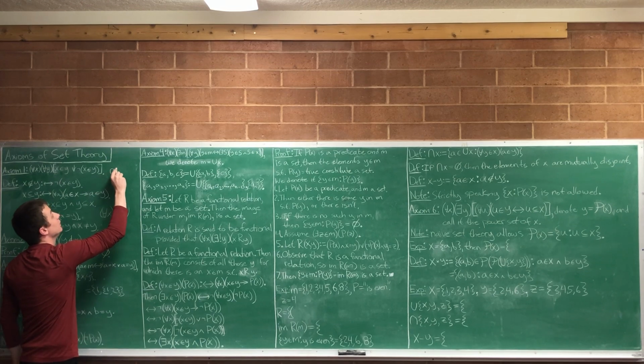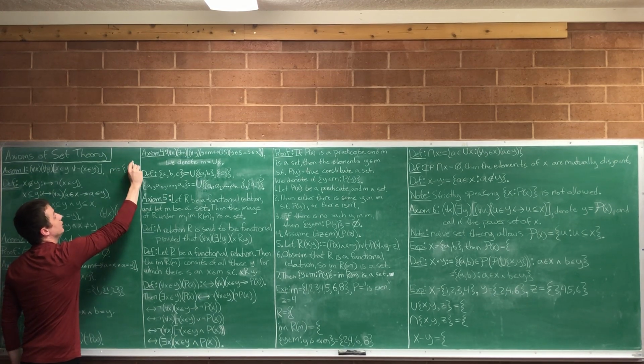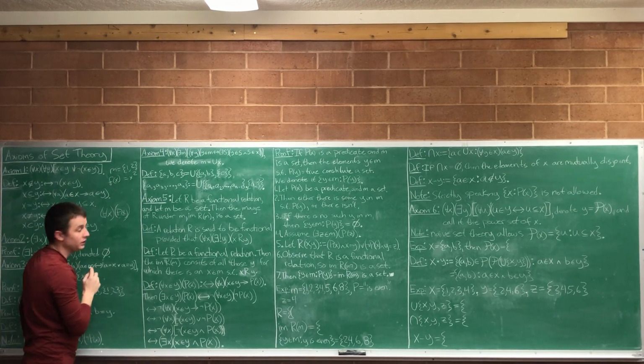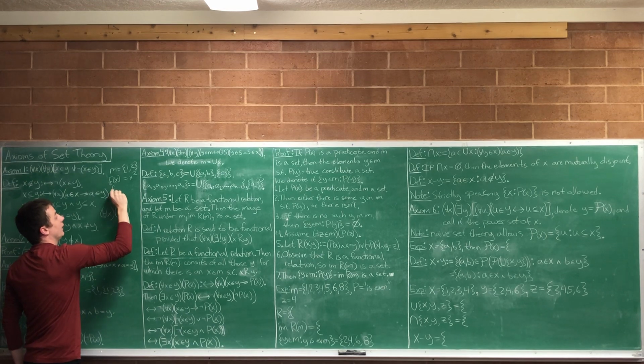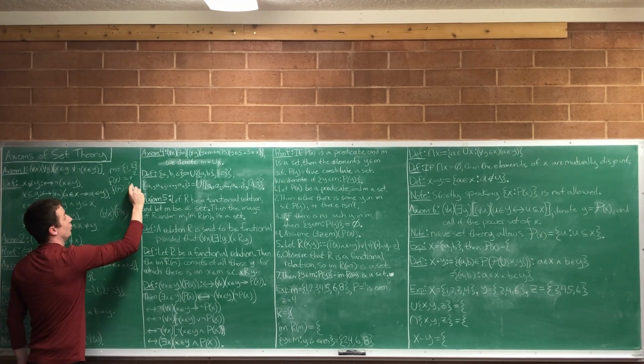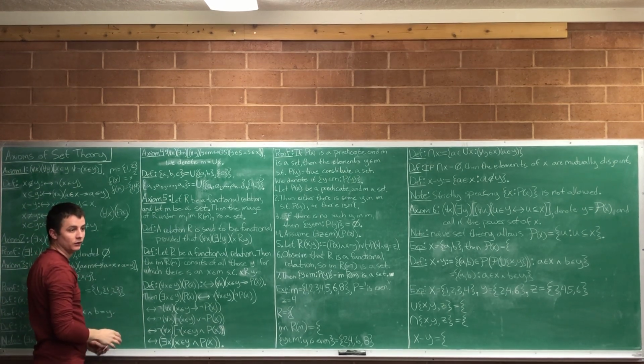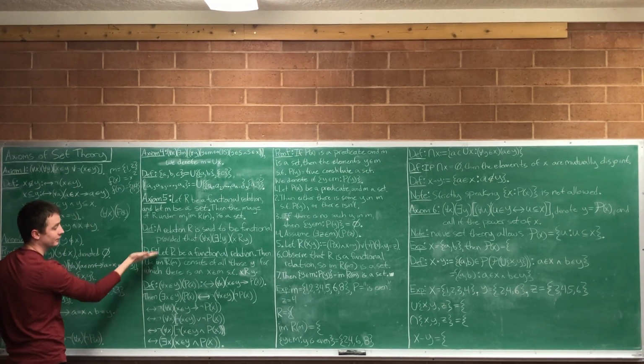So if M is equal to {1, 2}, and we're thinking about the function f of x is equal to x squared, then the image f of M is going to equal {1, 4}. All the things that this function maps those elements to. It maps 1 to 1, it maps 2 to 4. Make sense?